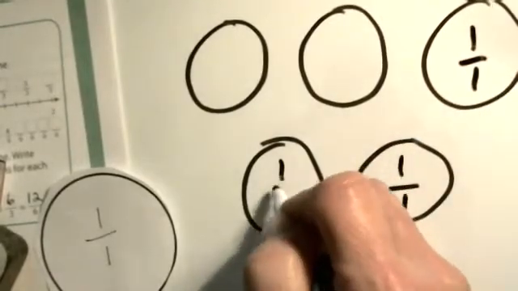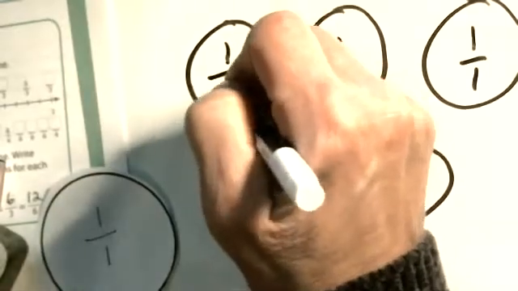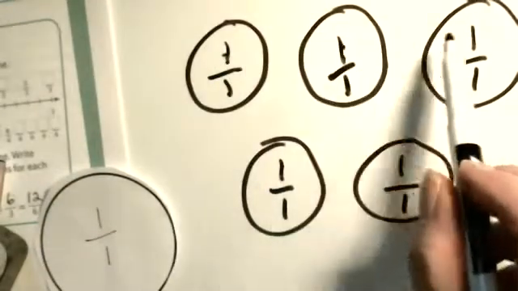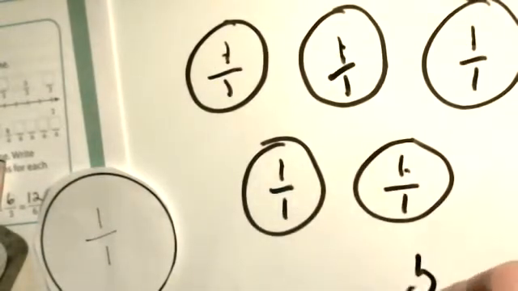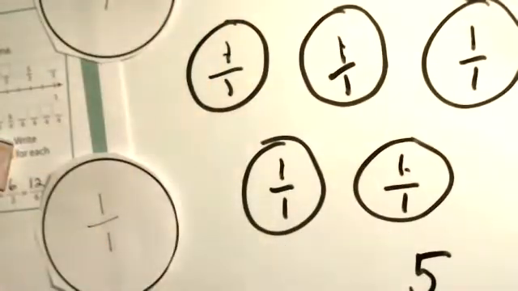It's 1 whole broken into 1 piece. So that would be 1, 2, 3, 4, 5 over 1. 5 over 1.